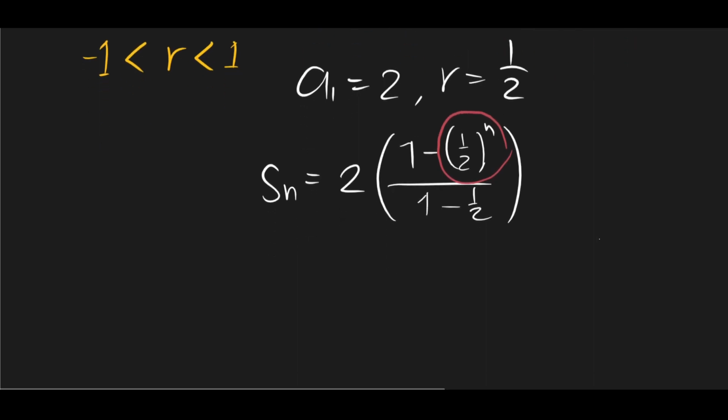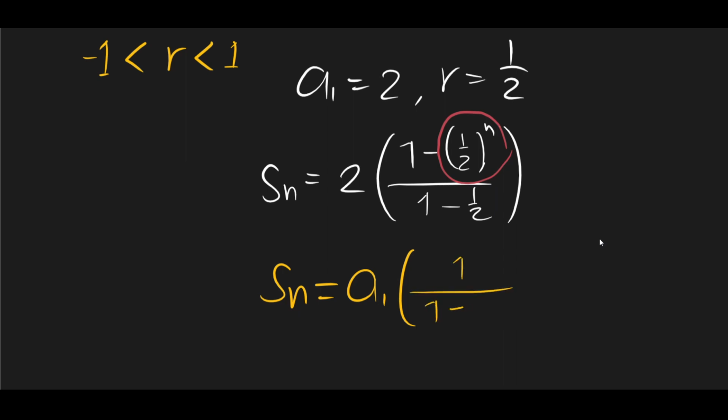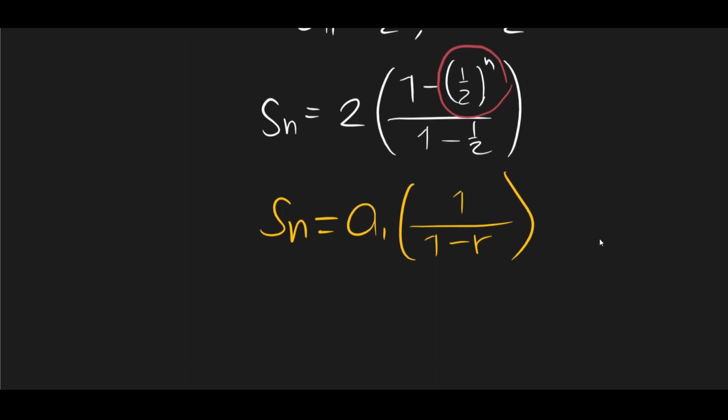So we can rewrite the formula actually. So Sn is equal to a1, and this will approach 0, so we can write this as 1 over 1 minus r instead of 1 minus r^n in the numerator. Okay, so in this case we actually have a finite sum.